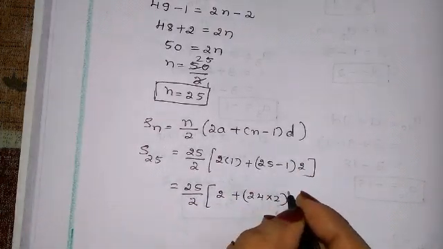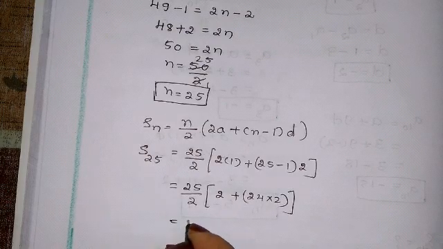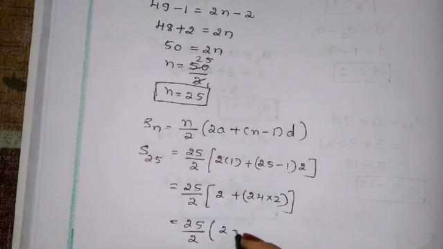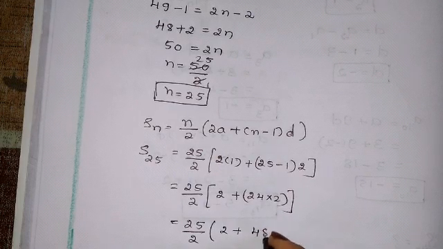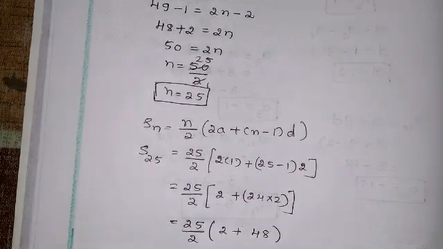We need to multiply first. 24 twos are 48. 48 plus 2 is 50.